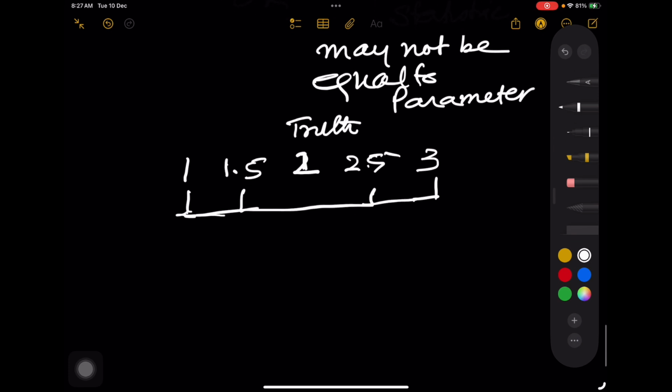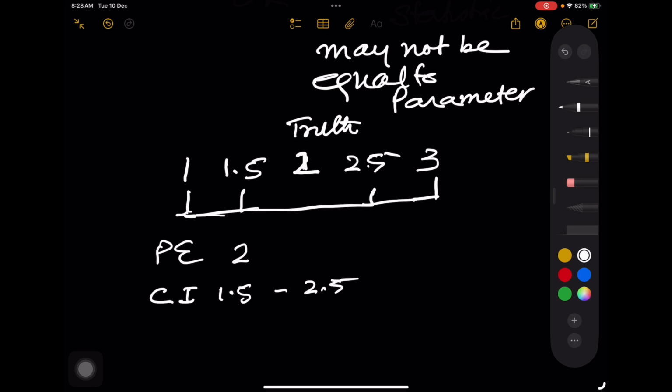And therefore there is a measure which not only gives the point estimate as 2, but also a confidence interval. That confidence interval has a lower value, let us say 1.5, and a higher value, which is 2.5.